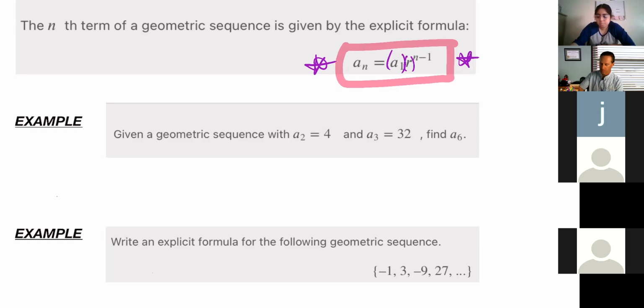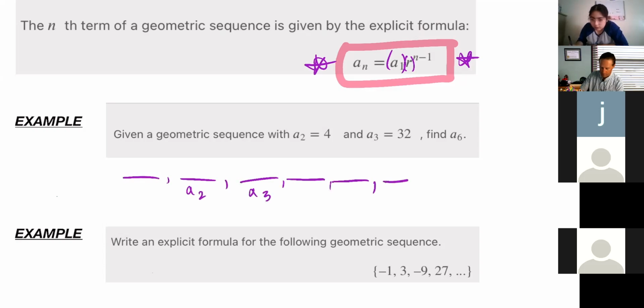So if I'm telling you A2 and A3, what should you be able to find from the second to the third term? Anybody?